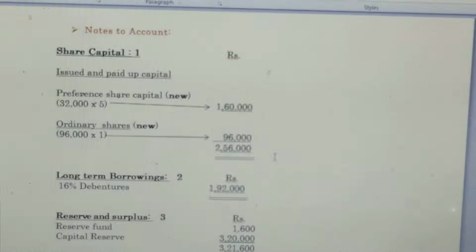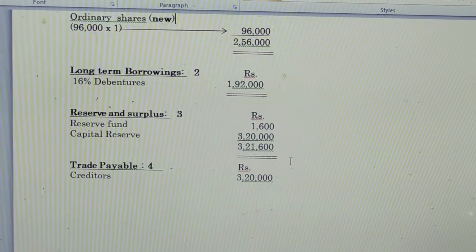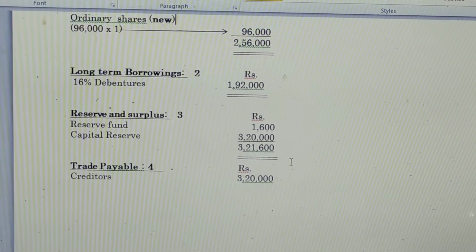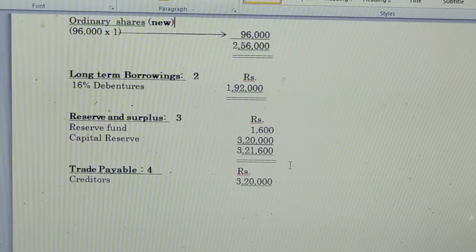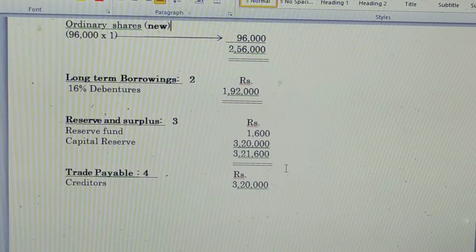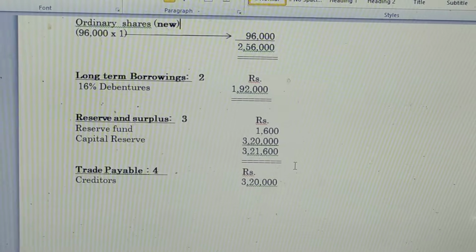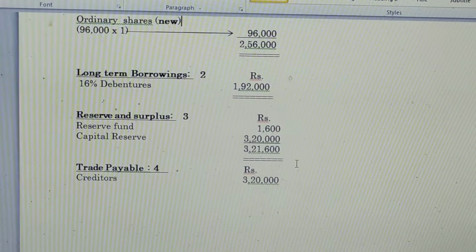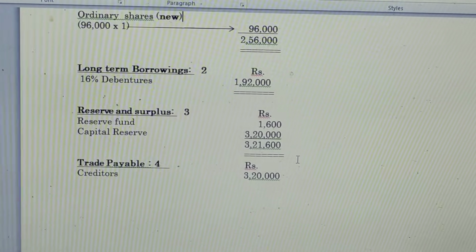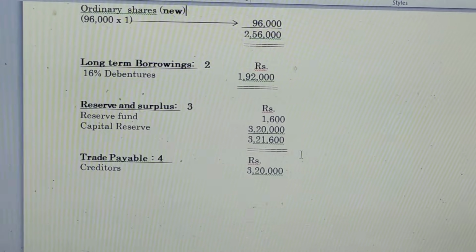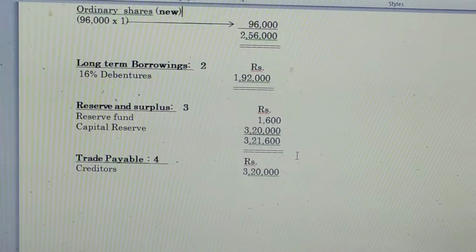And note number 2 is long-term borrowing. Under the long-term borrowing, we have to mention 16% debentures. The amount is rupees 1,92,000. And note number 3 is reserve and surplus. Under the reserve and surplus, reserve fund, the amount is rupees 1,600, which is from the costing, and capital reserve 3,20,000, which we have already found.